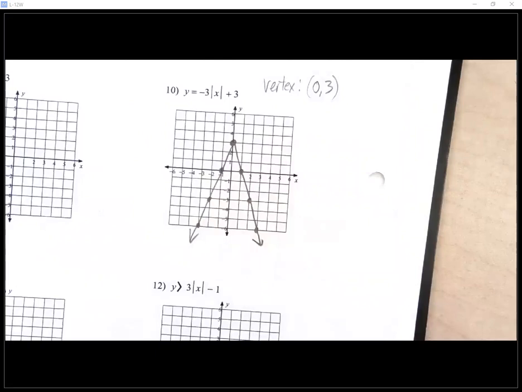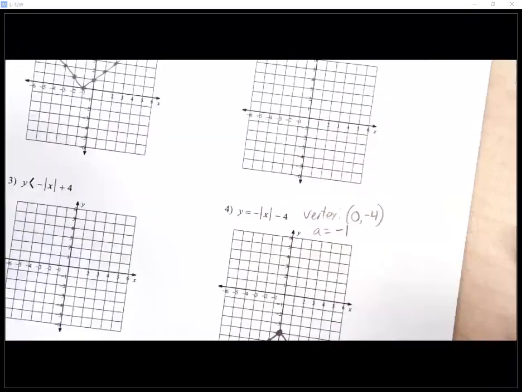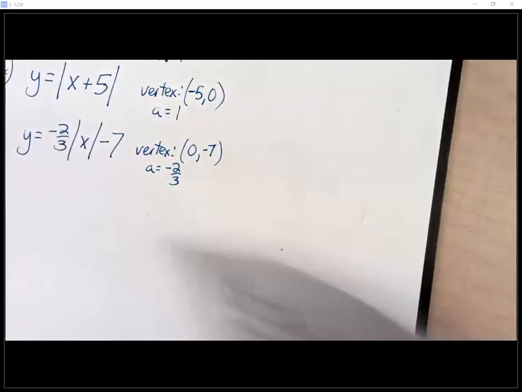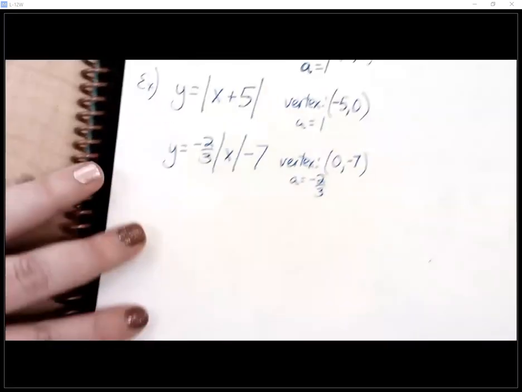All right, let's talk about the inequalities now. So I'm basically going to do them the same way. The only difference is now I need to worry about the signs and I need to shade. So I'm actually going to add this as a note to my notes right here. I'll just add a star.